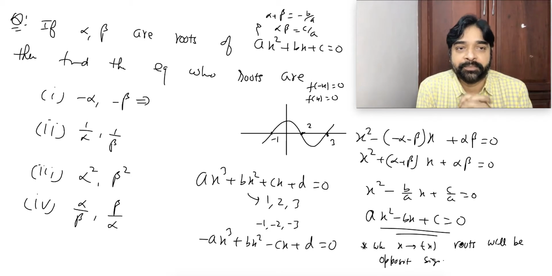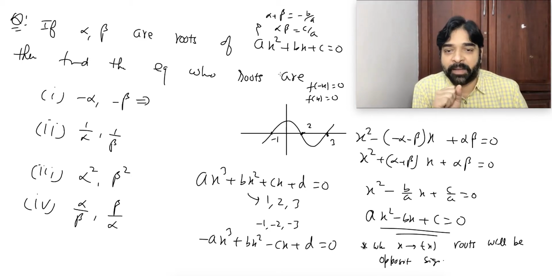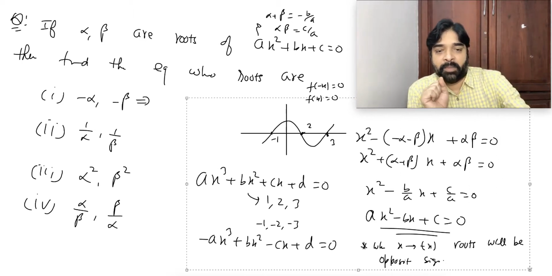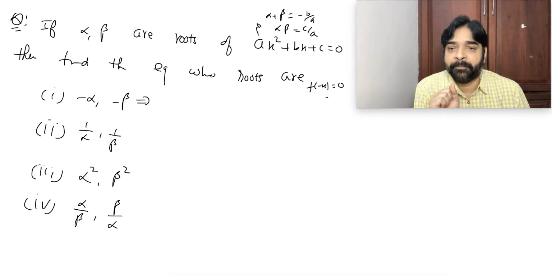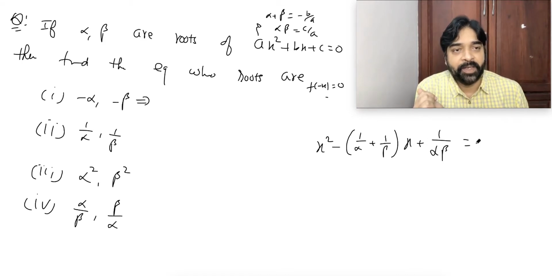Is it clear? Now next, 1 by alpha, 1 by beta. Very simple. x square minus (1 by alpha plus 1 by beta) into x plus 1 by alpha beta is equal to 0.